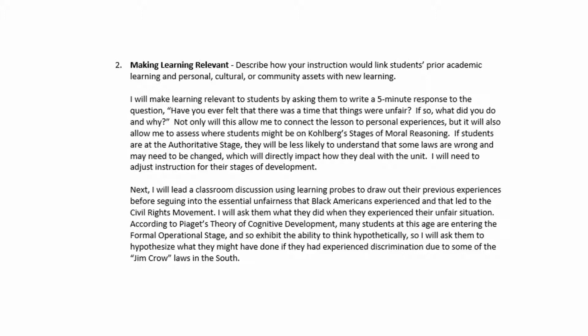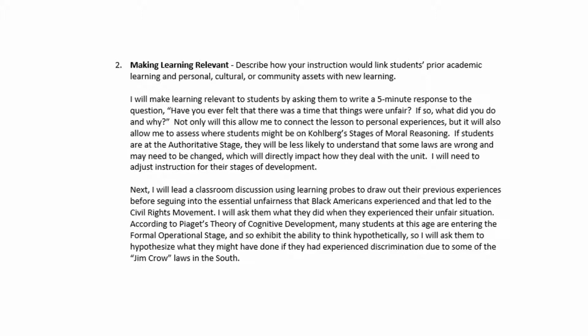If students are at the authoritative stage, they will be less likely to understand that some laws are wrong and may need to be changed, which will directly impact how they deal with the unit. I will need to adjust instruction for their stages of development. Next, I will lead a classroom discussion using learning probes to draw out their previous experiences before segueing into the essential unfairness that Black Americans experienced and that led to the civil rights movement.